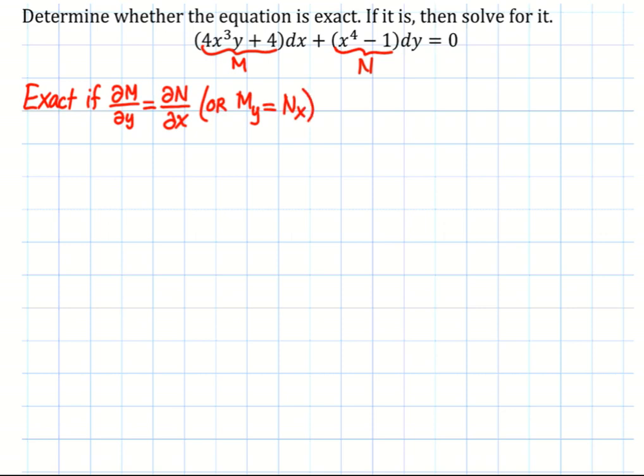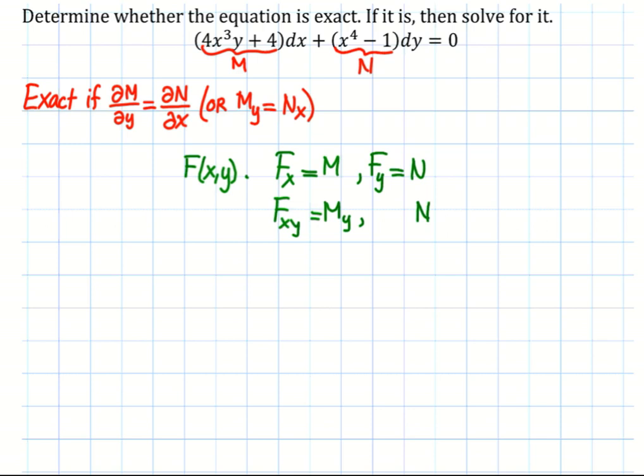The reason for this is if there is a potential function, a function f of x, y, such that the derivative of it with respect to x is equal to M, and the derivative of it with respect to y is equal to N, then when we take the derivative of M with respect to y, we will have f_xy, and when we take the derivative of N with respect to x, we have f_yx.